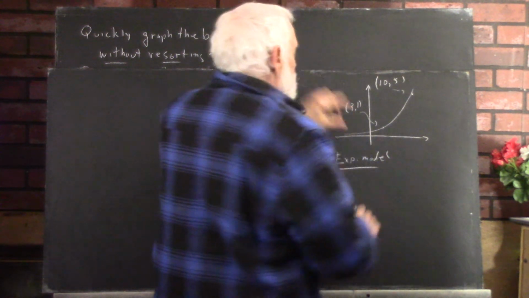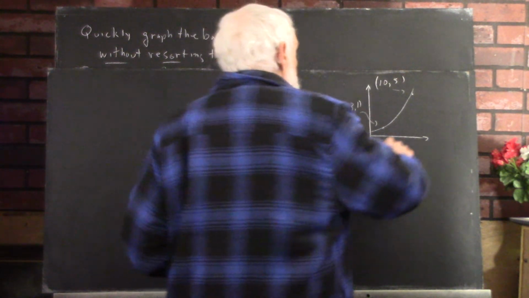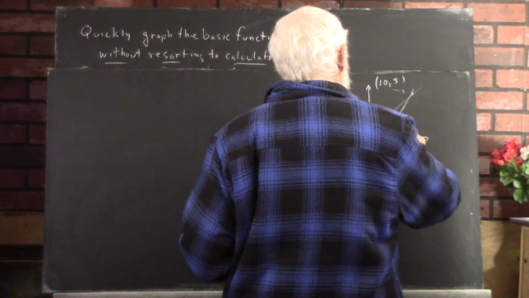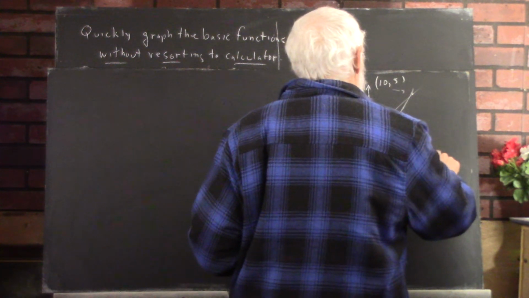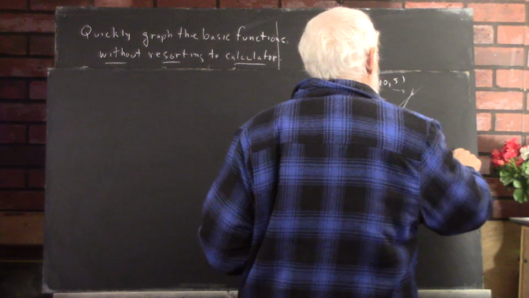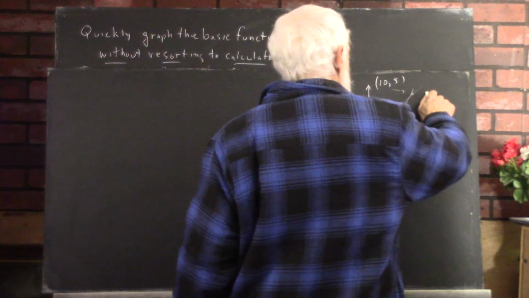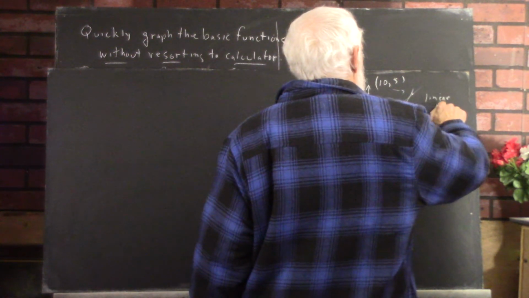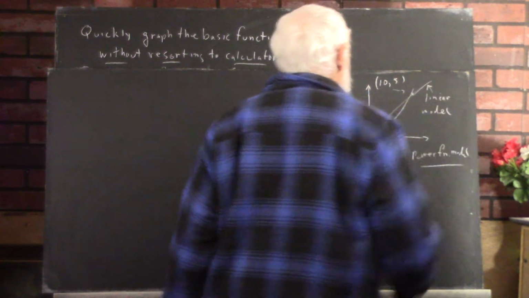You can't do a quadratic model. You could also do a linear model, of course. A linear model would be a straight line.